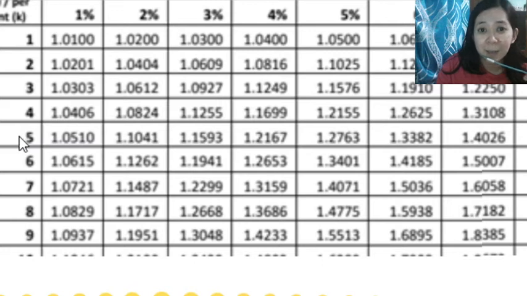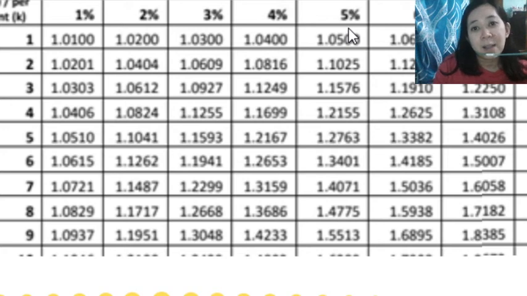In our example, that's 5 years. After that, we also locate the percentage or interest rate in this row. Based on our example, that's 5%, so we trace and locate it.